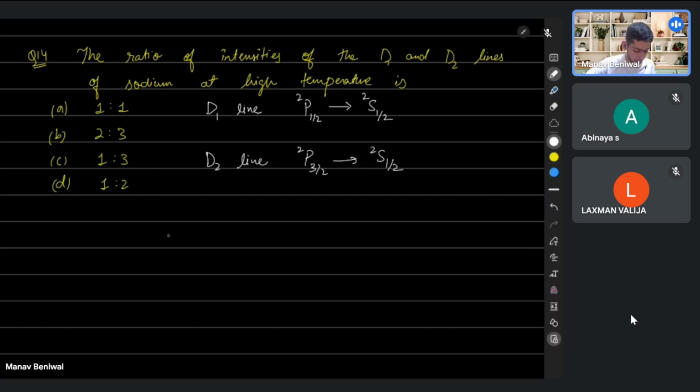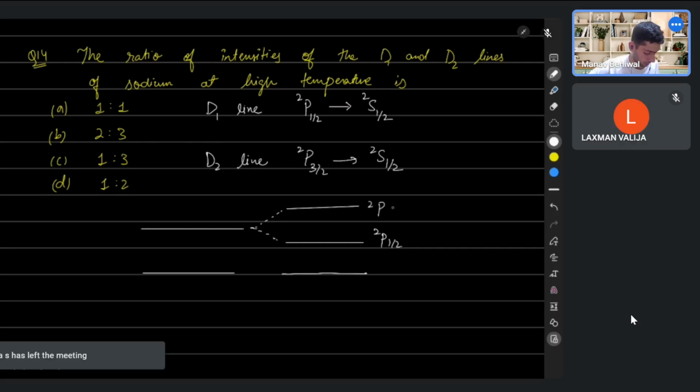So we have these P levels, and these P levels get split because of this spin-orbit coupling, and we get two different p levels. So this is 2p1/2 and this is 2p3/2.